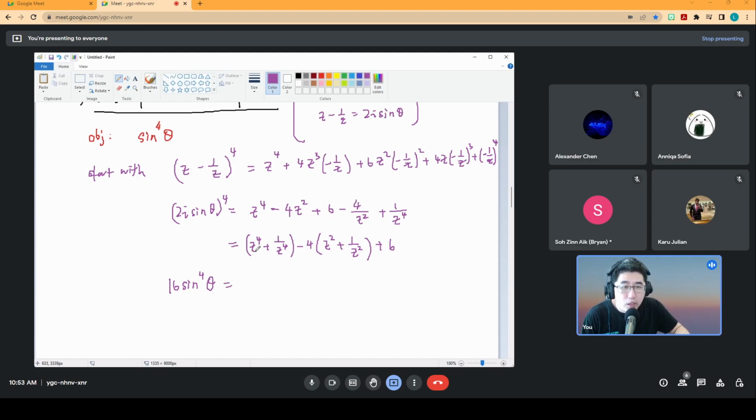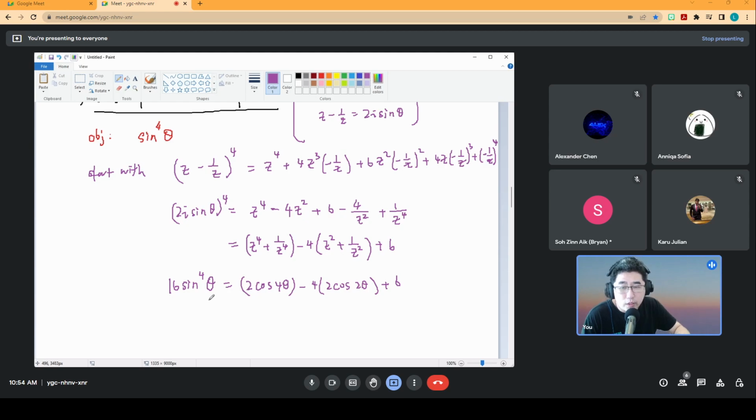From complex algebra, z power 4 plus 1 over z power 4 is 2 cos 4 theta, minus 4 times z squared plus 1 over z squared, which is 2 cos 2 theta, plus 6.